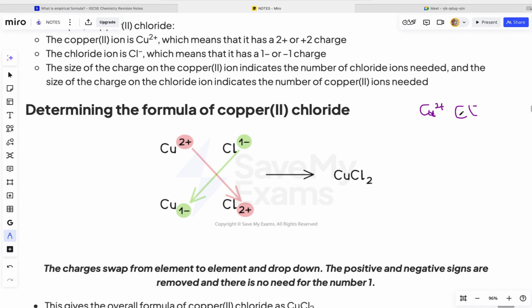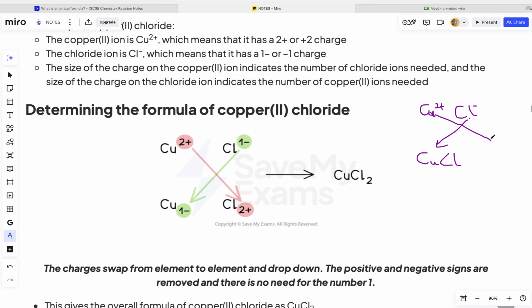So here we cross multiply. We bring this minus, which means minus 1, and we cross it over to copper. Copper will now be only Cu1, and we can ignore the plus and minus. Then you bring the 2 over to the chlorine side.